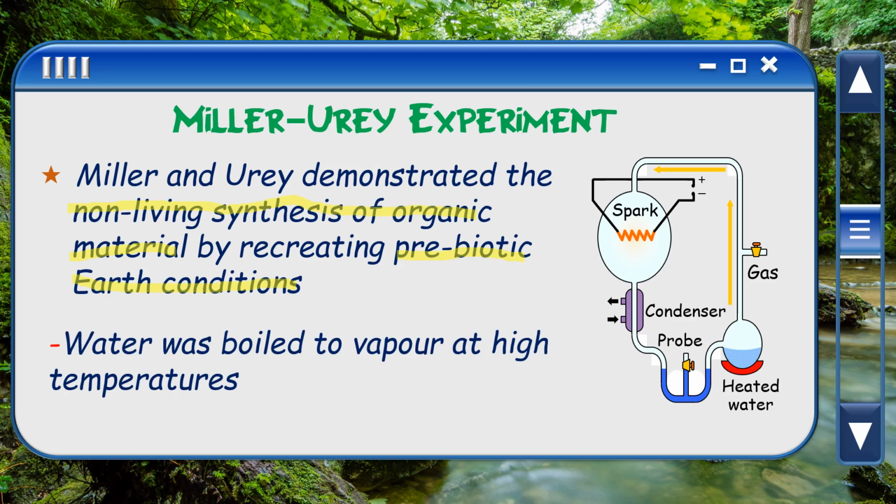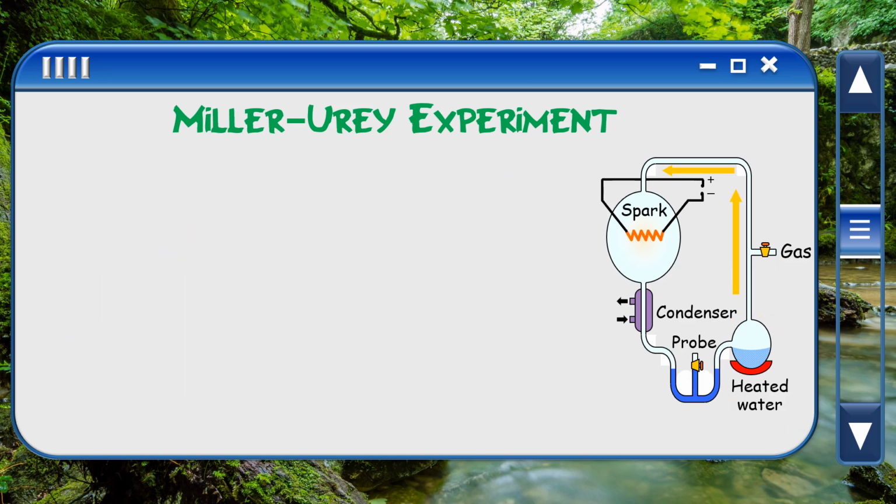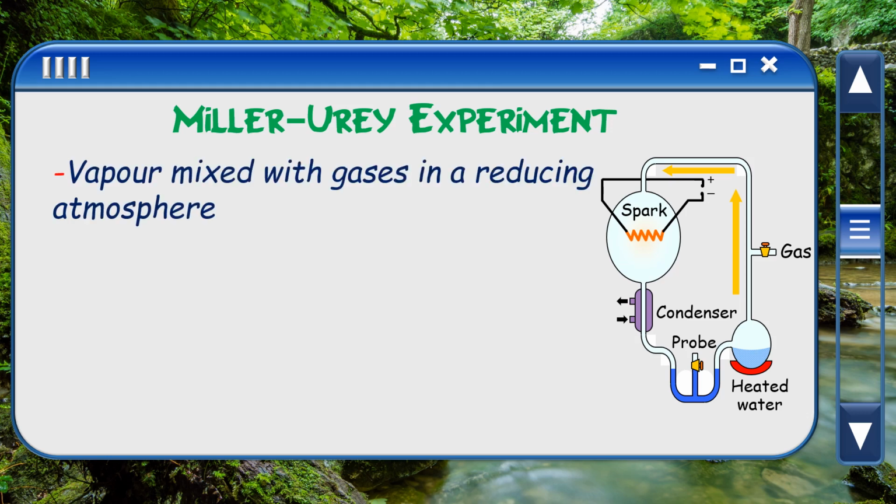First, what they did, they boiled water to vapor, and this was done at a high temperature. So they had an experiment here where they placed water, and that water was heated at a very high temperature. After the water was heated, vapor was given off.